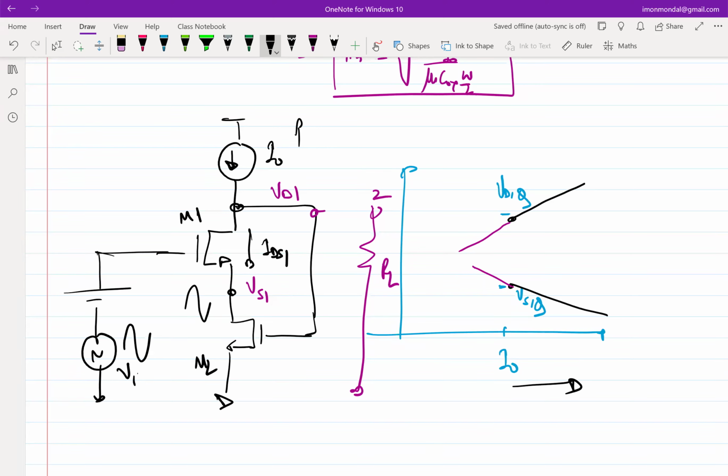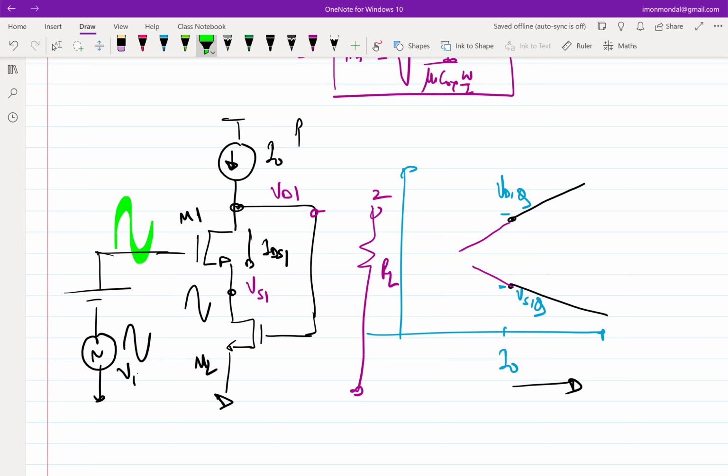So essentially, the problem statement becomes, under the quiescent, this is fine. Under quiescent state, this will work as long as M1, M2 in saturation. But when I'm talking about incremental, when this guy changes, I want IDS1, the current through M1, to be also changing like GM times VI, right?